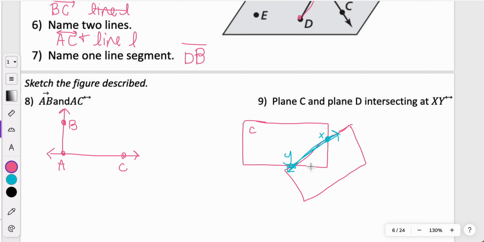And then go back and label plane D. Again, that can look a whole bunch of different ways, but that's just one example of what that can look like.